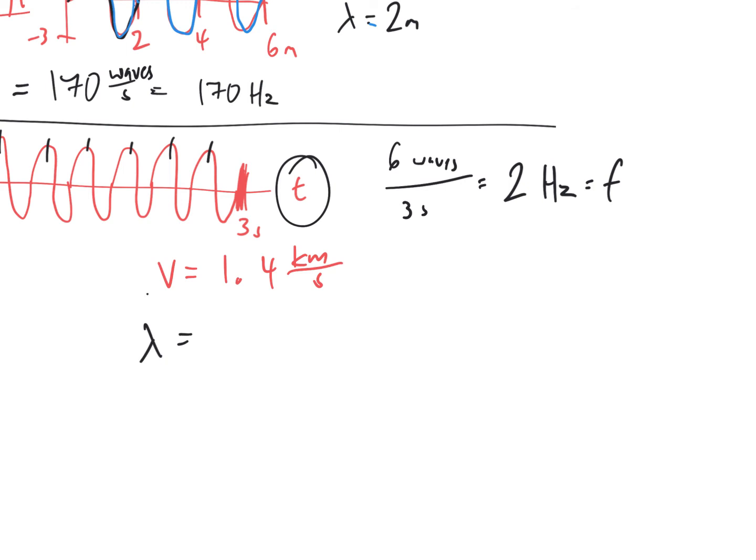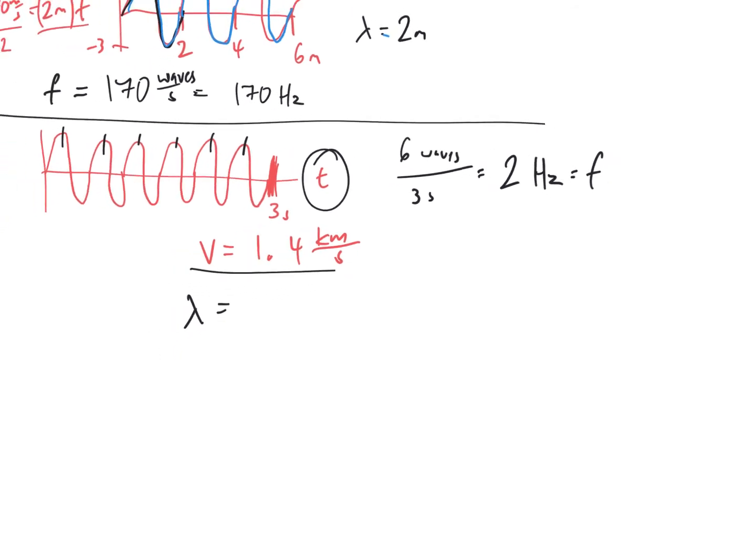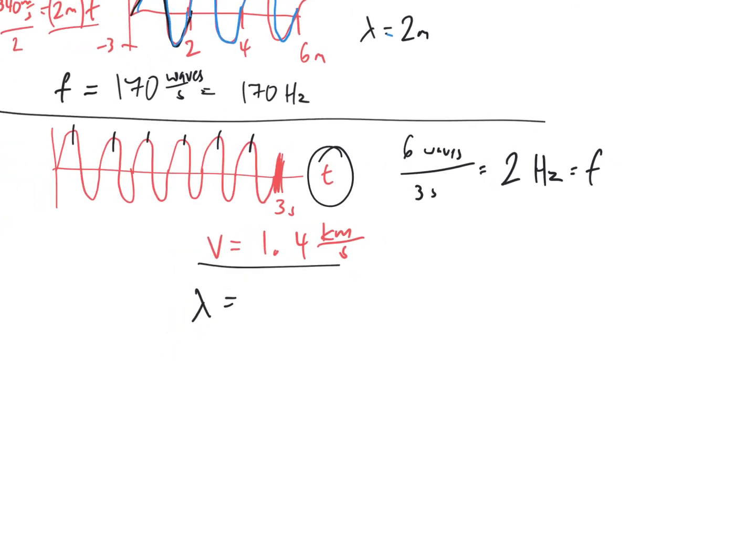My wave speed was given at 1.4 kilometers per second. The tricky thing on this one is I'm using kilometers, which is not my standard unit. So I need to convert that to meters per second. There are 1,000 meters in a kilometer, so I'm going to multiply by 1,000. That gives me 1,400 meters per second as my wave speed.